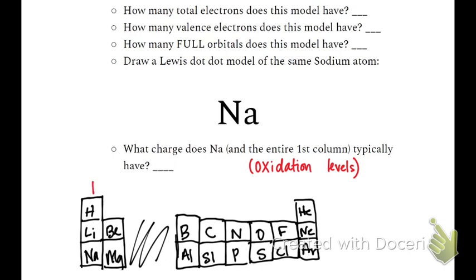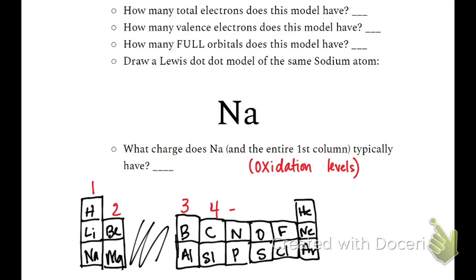The first 1, 2, 3, and 4 are just normal. And then once you get past 4, instead of gaining, what do they do? Yeah, they donate their electrons, they lose them.